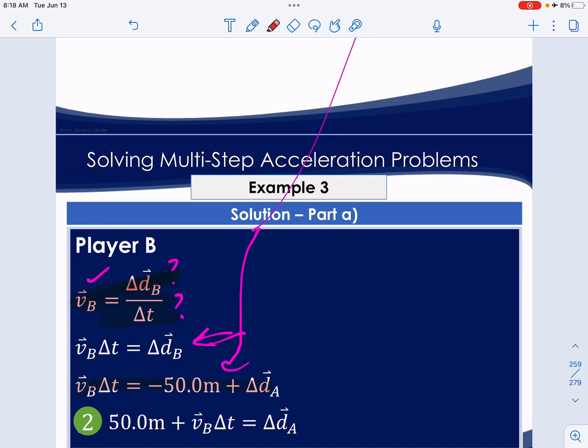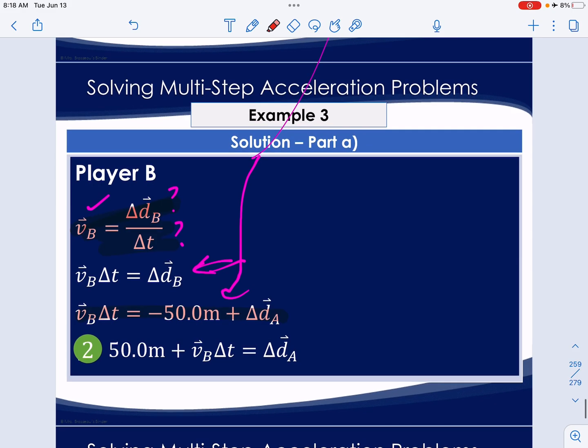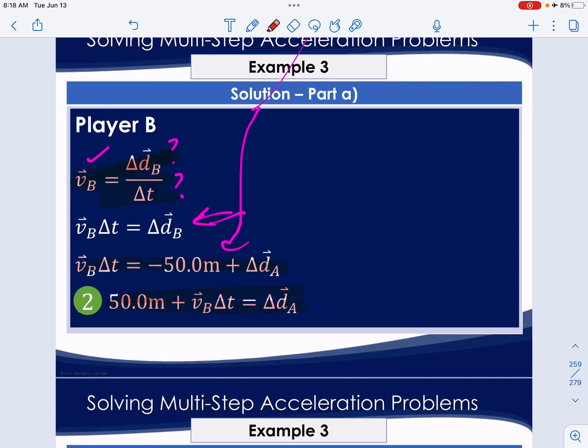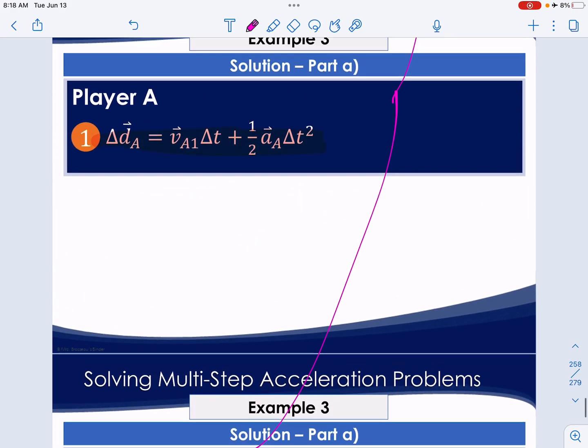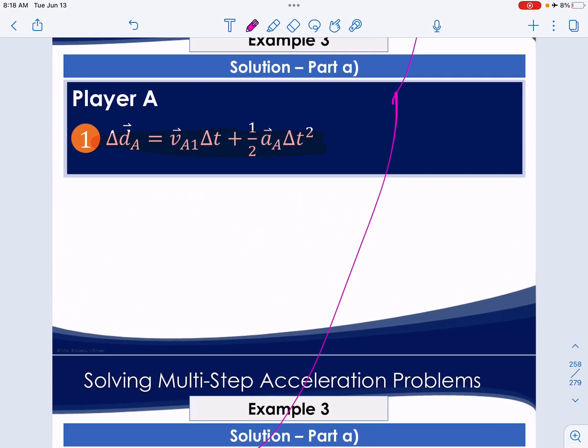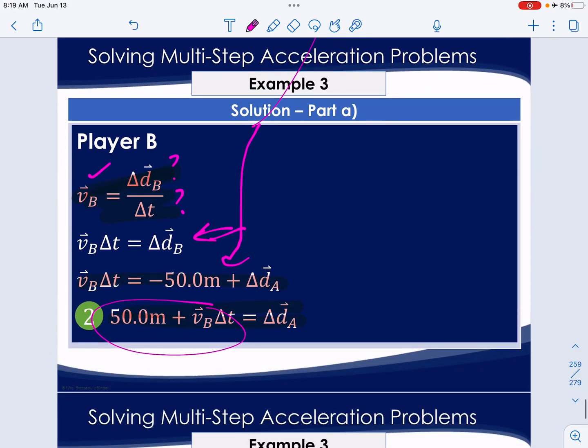So now we have VB delta t equals negative 50 plus delta dA, and we solve for delta dA. Now that we have that, we can substitute this in for our delta dA right here. Then we have this equation equal to this equation.